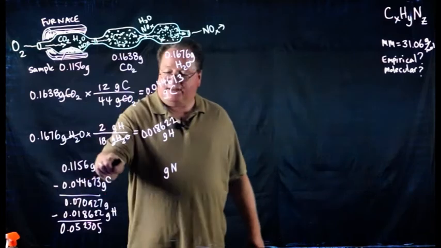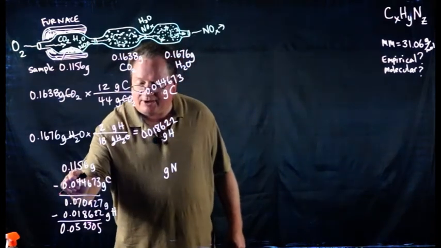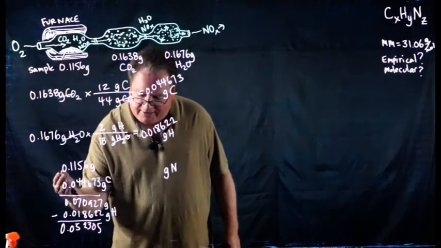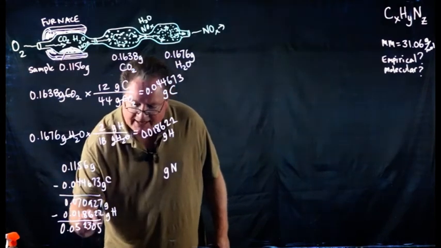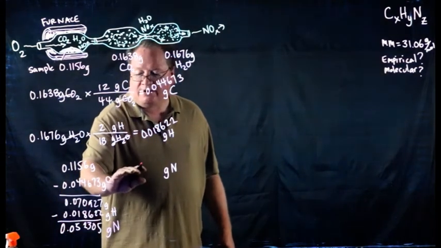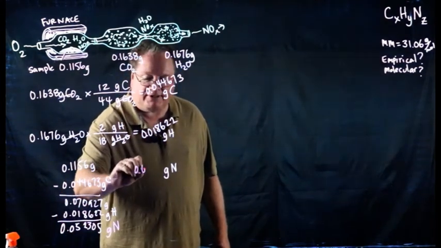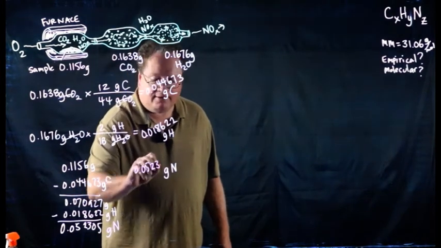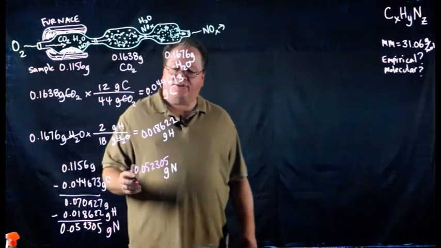Now, we've deducted the carbon from the original sample. We've then taken that mass that was left over and taken the hydrogen out of it. So what's left at the end here is your nitrogen. So I know that I have 0.052305 grams of nitrogen.